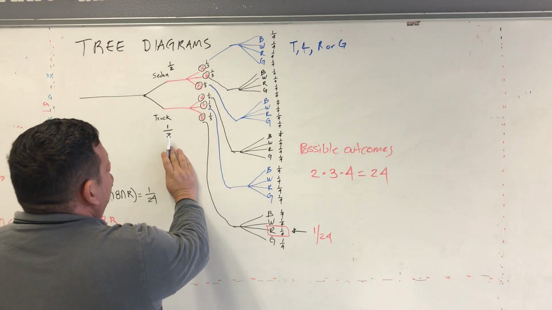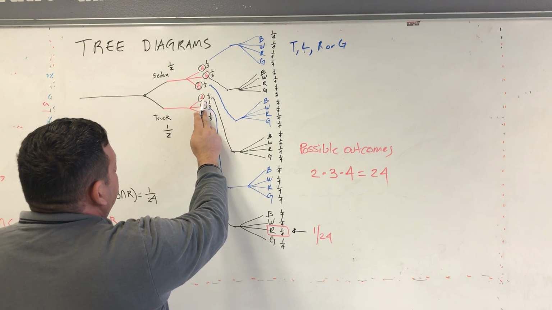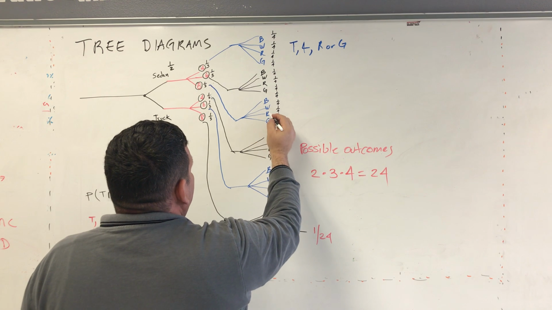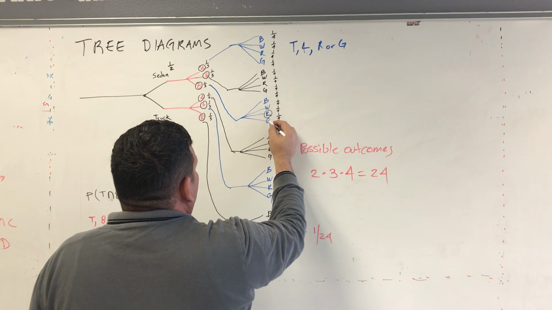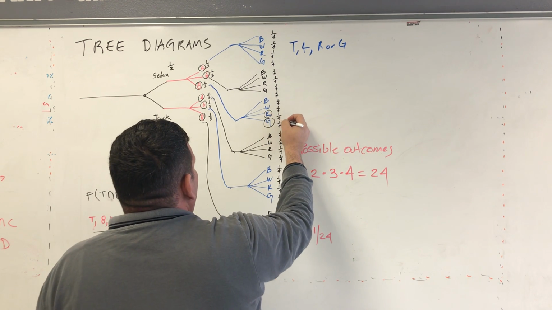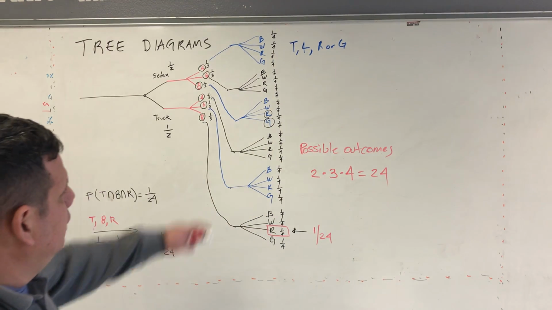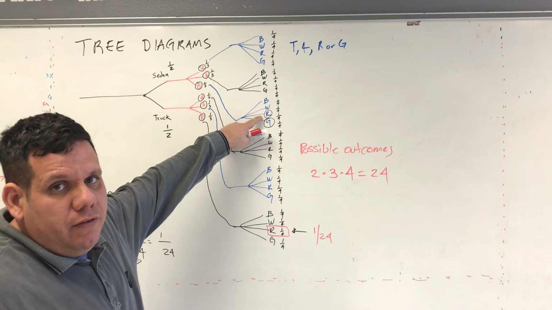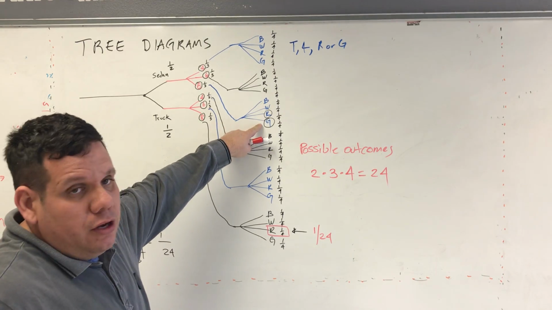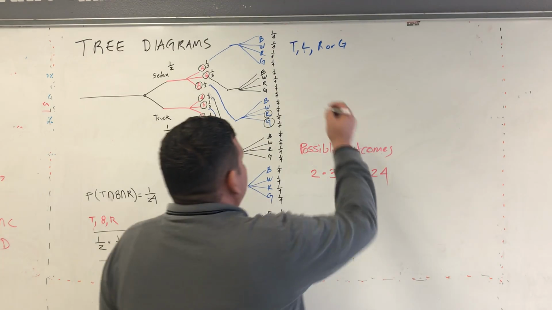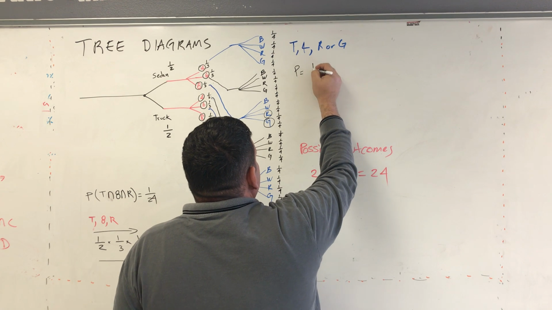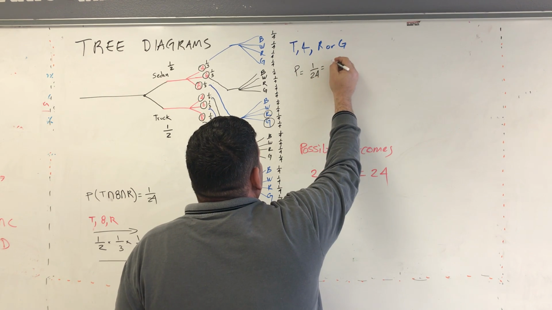So if you go to truck, 4 cylinders, and you go to red or green, you have 1/4 and 1/4. Remember that this is actually 1/24, and this is actually 1/24. So in this case, what you need to do to get the probability is add both probabilities.